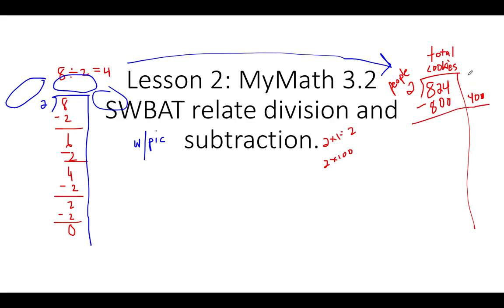So, right, this is my cookies for each person, per person. And now I have 64 cookies left. And maybe I know 2 times 10 is 20. Each person gets 10. That's 20 total. And 2 times 2 is my 4.